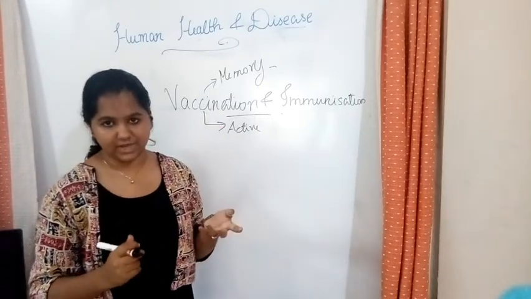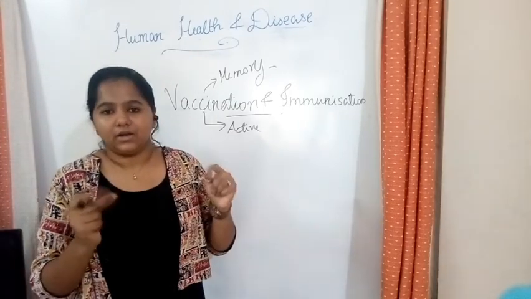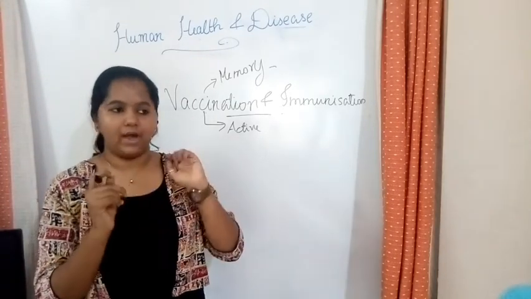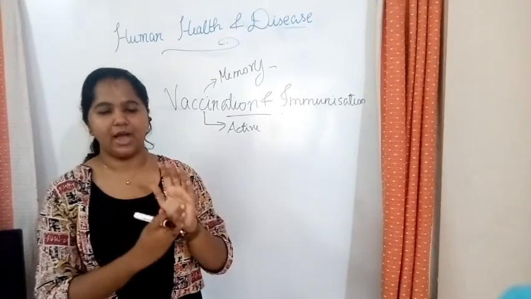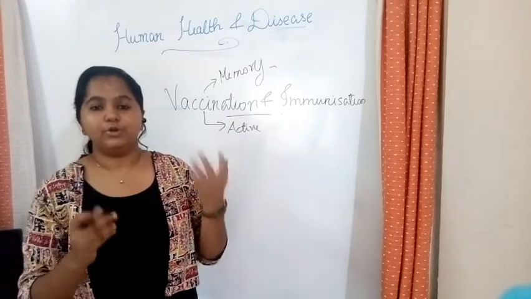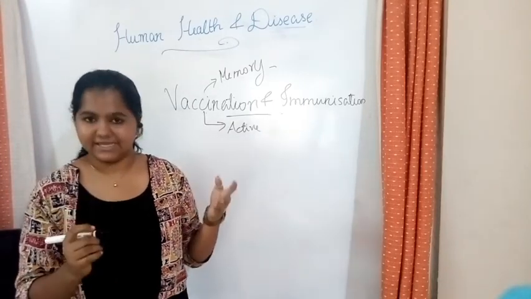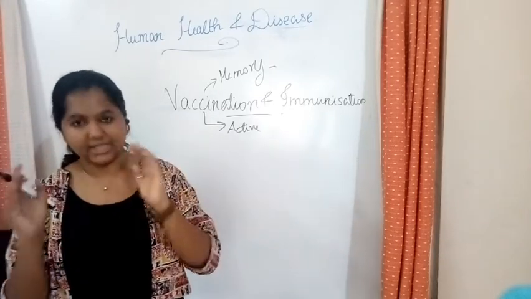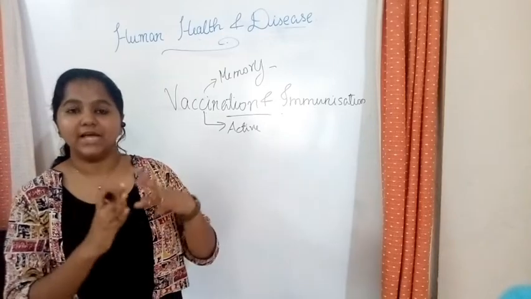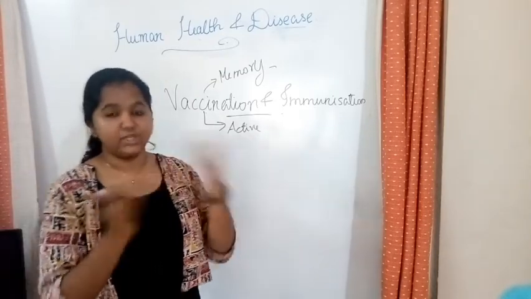Now let's see what immunization is. Let's take a situation where you need quick reactions, like you took a pointed object, it was rusted and your hand got injured. So what do you go and take? Tetanus. Tetanus is a form of passive immunization. Why is it? Because the antibodies are already produced and are just introduced to your body, so that it will react and you won't have any further issues.